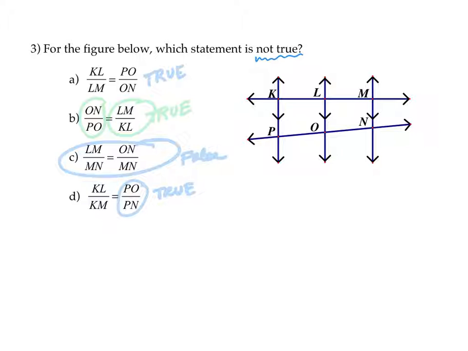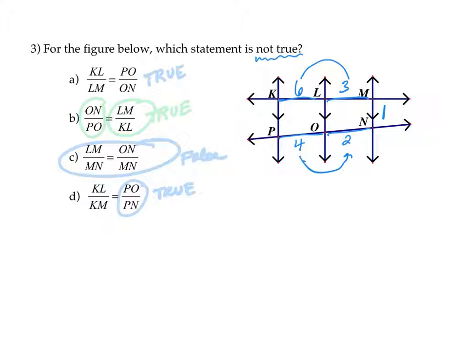For example, we have to make sure that this segment compared to this segment is equal to the ratio of this segment over this segment. So you can see I've chosen some numbers where 6 divided by 3 is 2, 4 divided by 2 is 2. And then let's just say that this length in the middle is 1.